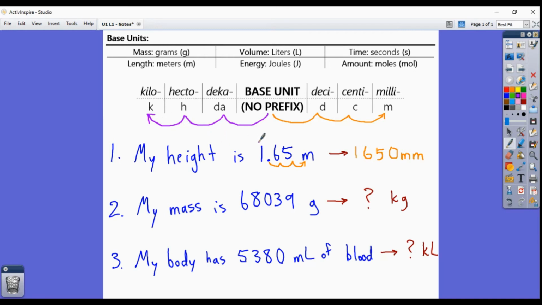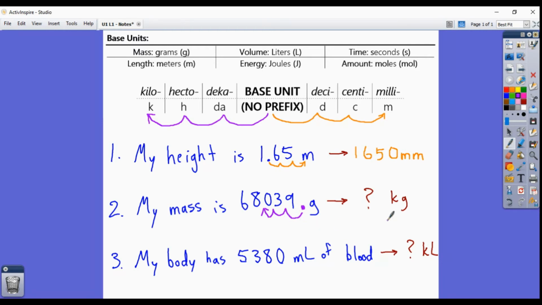And my decimal point is going to do the same thing. Now, if I look at this number, I don't see a decimal point. But if you don't see one, it's just not shown at the end of the number, all the way over on the right. So my decimal point is actually right here to start with. Okay, now to change that to kilograms, I've got to move that 1, 2, 3 spots to the left.